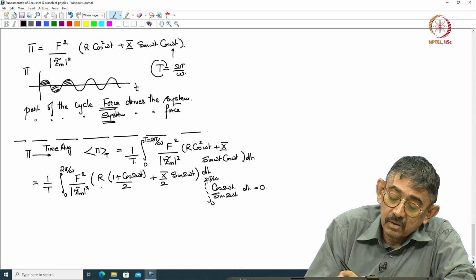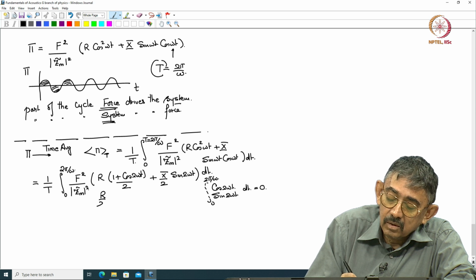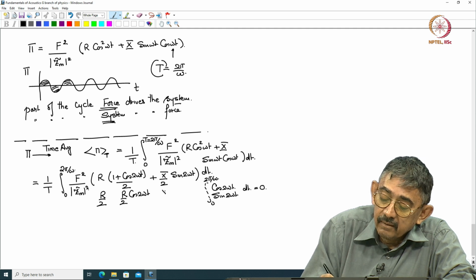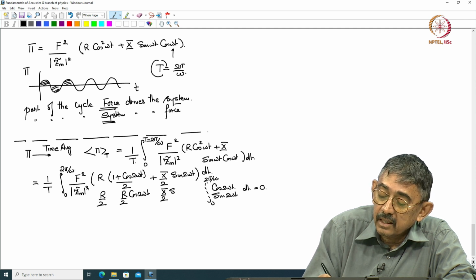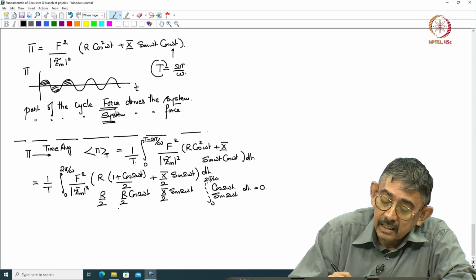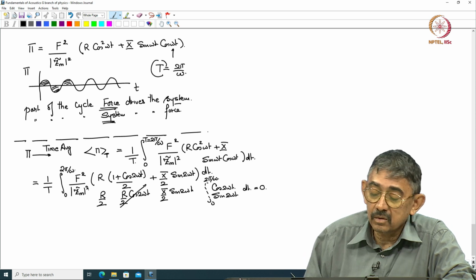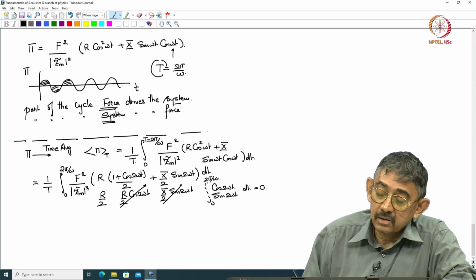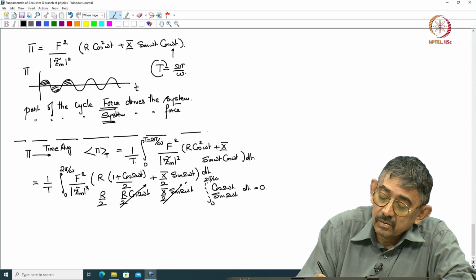So I have 3 terms over here. I have R over 2, I have R over 2 cos 2 omega t, and then I have X over 2 sine 2 omega t. This integrated over 0 to 2π by omega, and this integrated over 0 to 2π by omega, they go to 0.